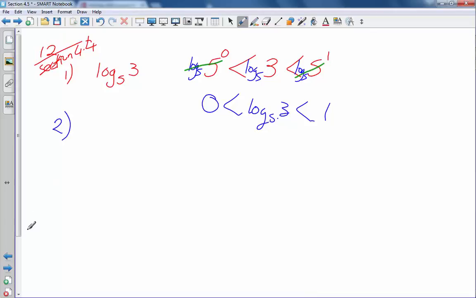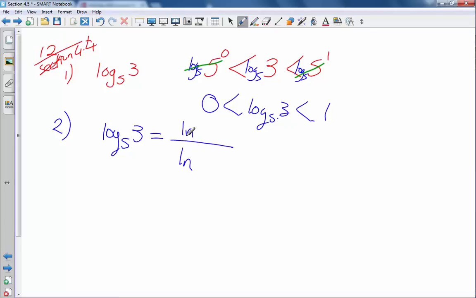In part 2, we don't have calculators that can compute base 5. We switch base 5 to either 10 or ln. I don't know which one you prefer. I think we did log base 10. Let's do ln today. We change it to ln.